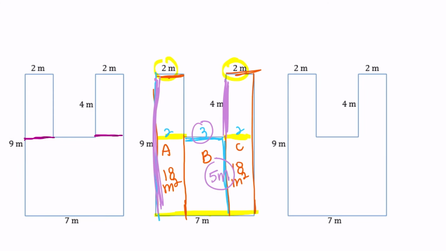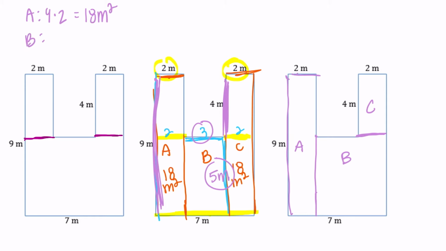So C, on the third diagram, divide the stage into 3 rectangles using 1 horizontal line and 1 vertical line. Okay, so I'll do a vertical line there and then a horizontal line there. Label A, B, and C. So let's find the area of A. We have 9 by 2, which is equal to 18 meters squared.